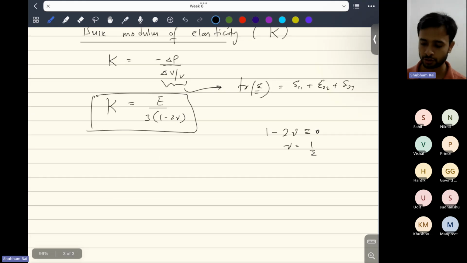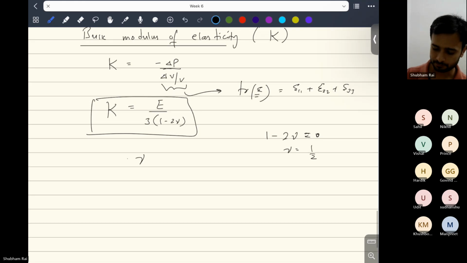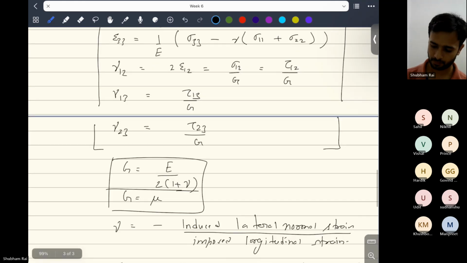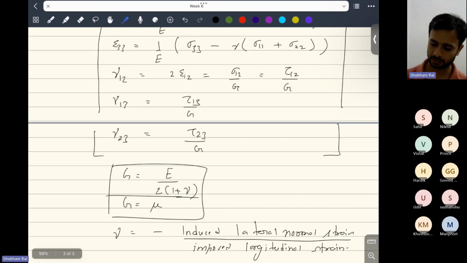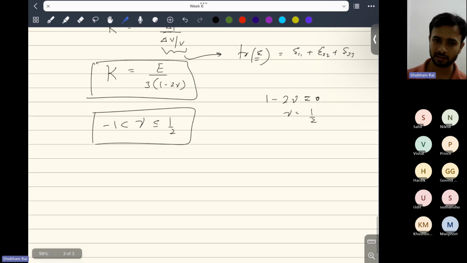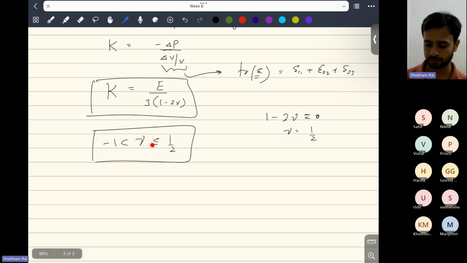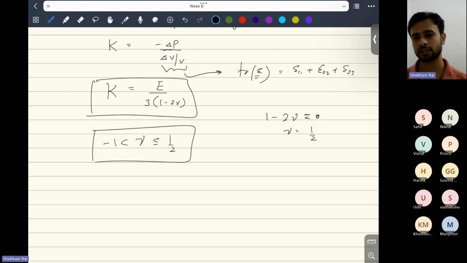So your Poisson ratio will range from -1 to 1/2, right? Actually, this cannot be infinity also, so that's why I put it as greater than -1. But a material can be nearly incompressible, that's why equal to sign is coming here. Okay, so this was the case for linear elastic isotropic material.